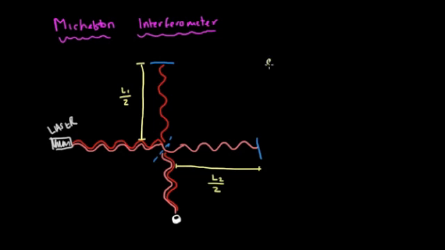Case 1 is that L1 equals L2. That is, the light that travels up is traveling the same distance as the light that travels off to the side. And remember, when it hits this half mirror, everything is in phase. The peaks match the peaks, the valleys match the valleys. It's the same light. So this half mirror is splitting the light, and when it starts in phase, that means that if it travels the same distance, it stays in phase.